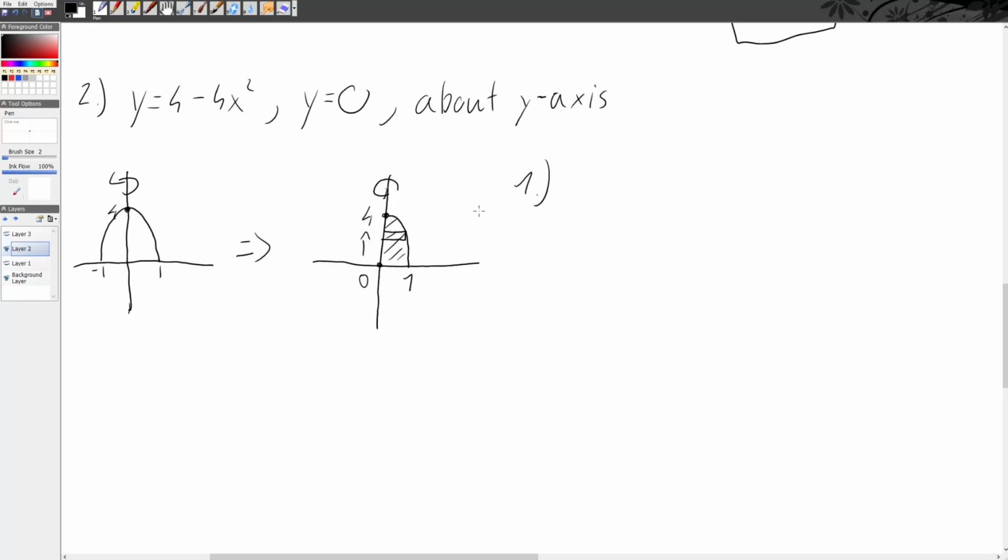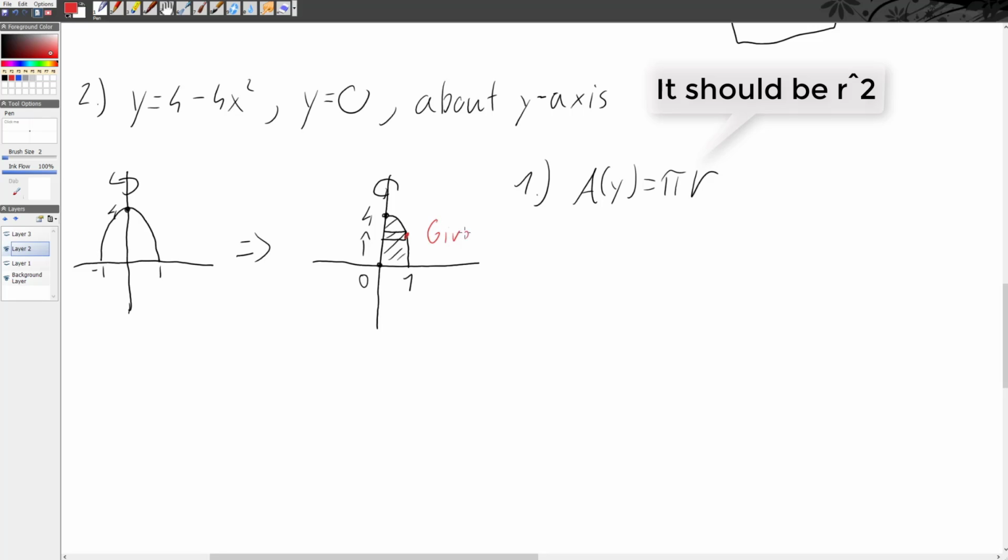So if we want to find the area of this disk, the area with respect to y is going to be pi times the radius. Now here the radius is a little bit difficult, because given any y, at this point you are not trying to find y, you are integrating with respect to y, moving upward.